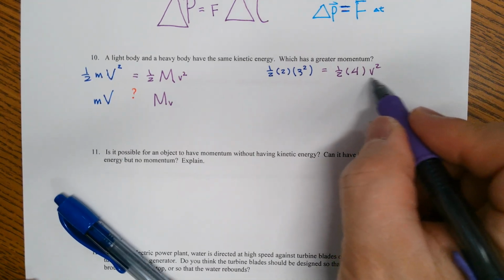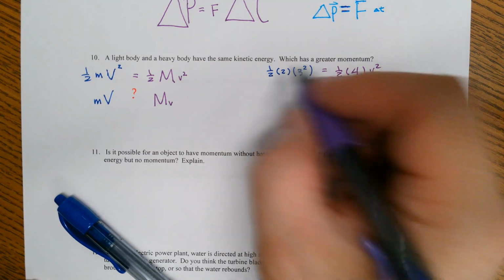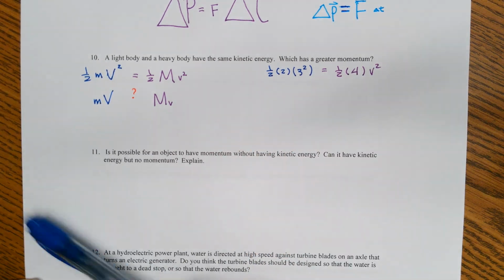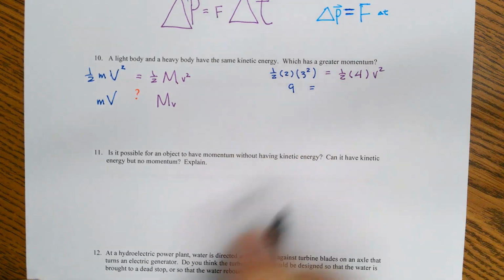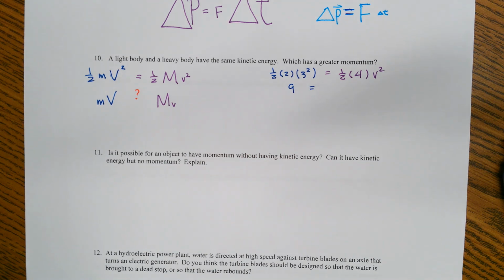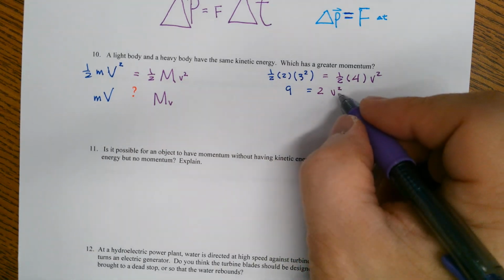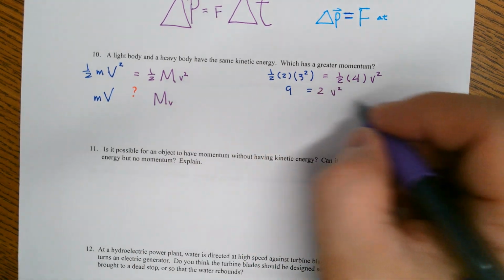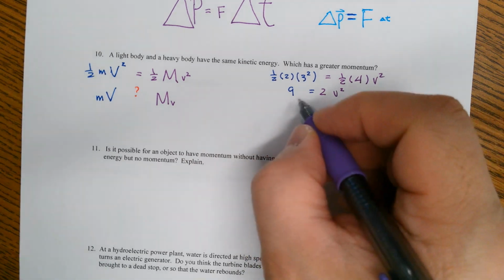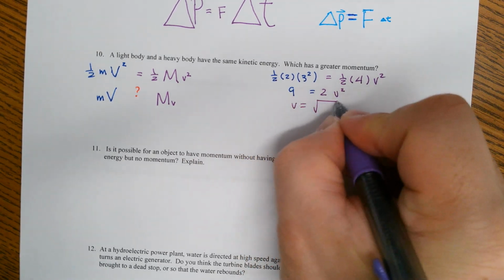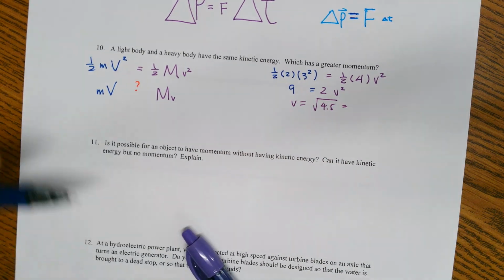Let's find out how fast this v has to be. So 9 is equal to 2 times v squared. So what's my v for the larger one? It looks like v is equal to the square root of 4.5.